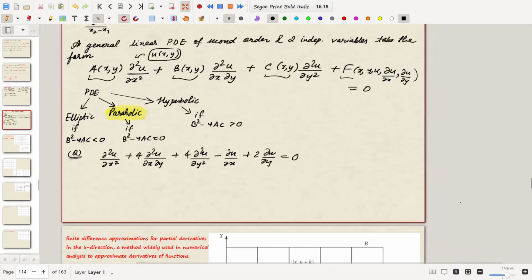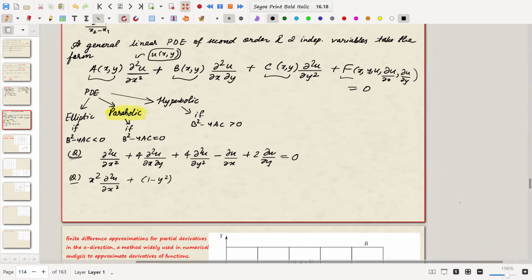Classify this equation as elliptic, parabolic, or hyperbolic. Which kind of equation is this? Also this.